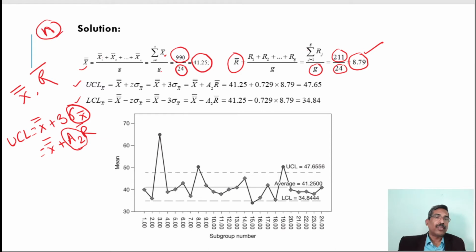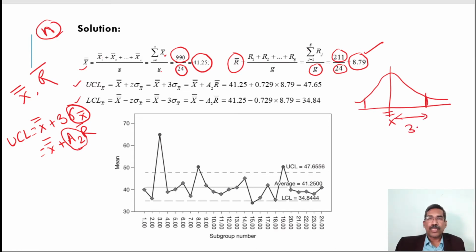Now we can use the statistical concept here. Suppose this is the normal distribution and this is the mean value. This is x double bar. Then the conformance zone will be this side and this side up to 3 sigma, and here this is also 3 sigma, 3 sigma x bar. So this is the conformance zone.